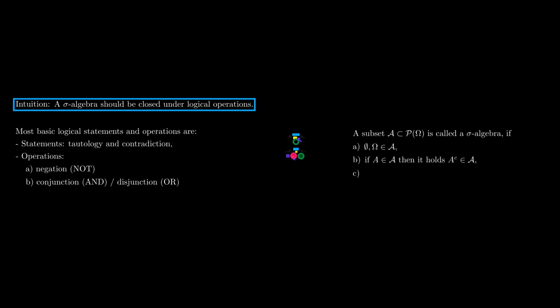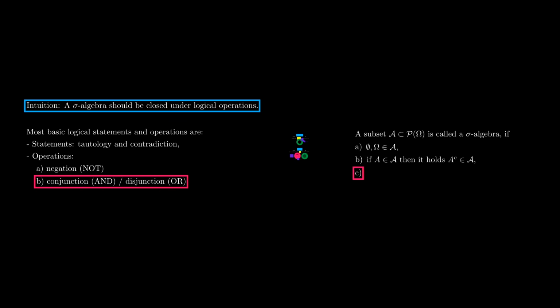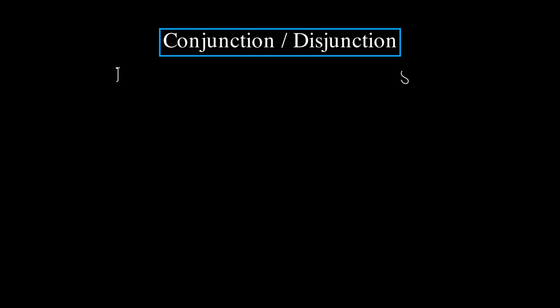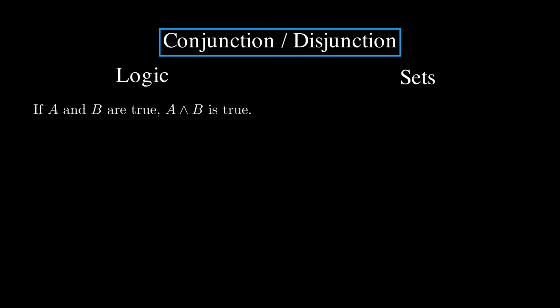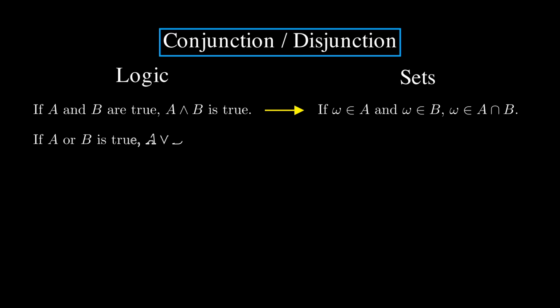Lastly, let's have a look at conjunction and disjunction. In terms of logic, if we have two statements A and B and both are true, then we know that the conjunction of A and B, the logical AND, is also true. In terms of sets, this simply is the intersection. If an outcome omega lies in A and omega lies in B, then it lies in their intersection. Likewise, if at least one of A and B is true, then the disjunction of A and B, the logical OR, is also true.